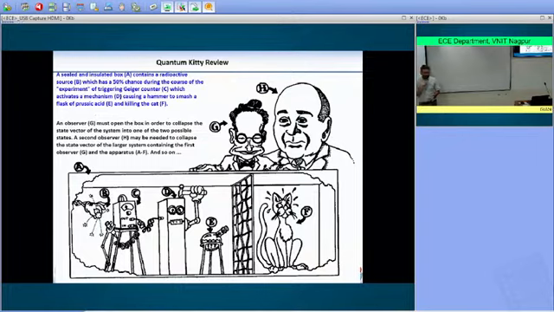Note that the concept of superposition does not mean that the cat is alive or dead. Okay? The concept of superposition is associated with the fact that the cat is at the same time both alive and dead.